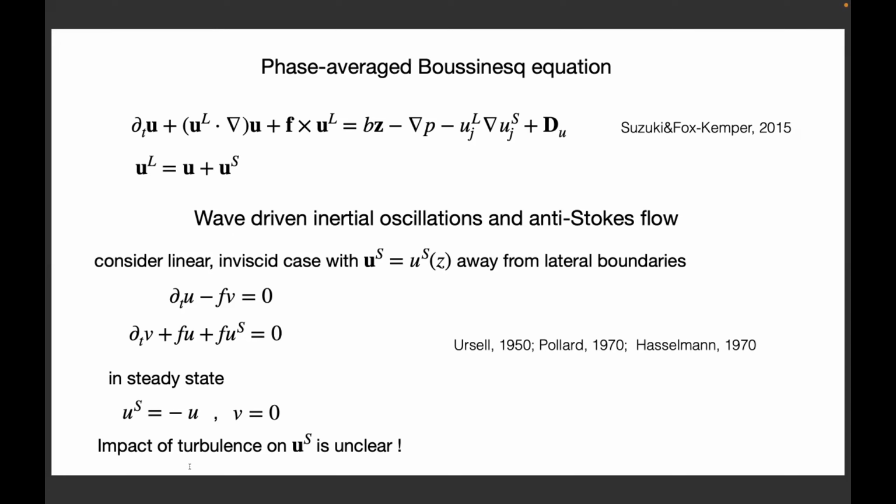If we go to a steady state, then the Stokes drift is just compensated by an Eulerian flow, which is called the anti-Stokes flow. So if we take the Coriolis force into account, surface waves have no mass transport. It's often not very acknowledged, and it's fundamentally different from the original solution of Stokes.